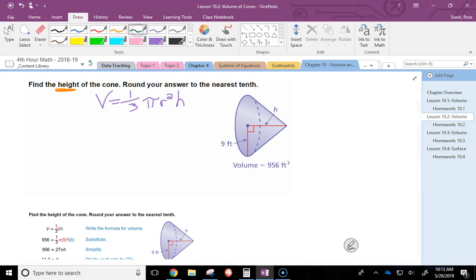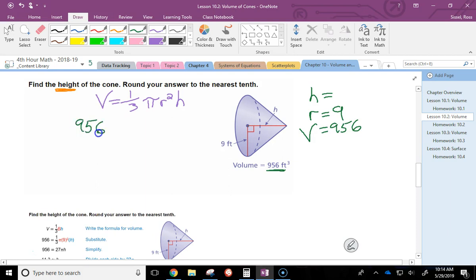When I look over here, I do not know h. I know my radius is 9, and I know the volume is 956. All you're doing then is inputting what I know. 956 equals 1/3 times pi, r is 9, times h.